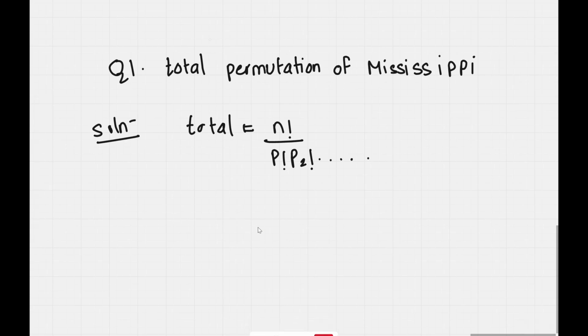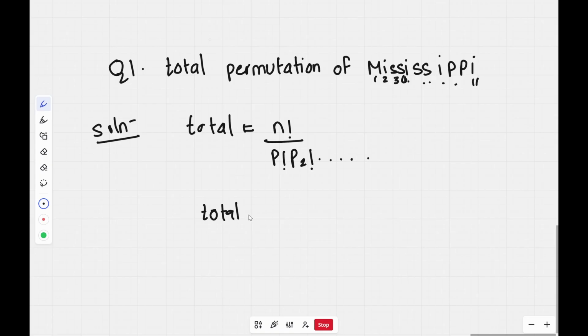Now for the question Mississippi, we see 1, 2, 3, 4 and so on, 11 letters. You can count it. I've counted it. It's 11 letters. So now applying the formula for total ways, we have n factorial, which is 11 factorial, divided by p factorials.